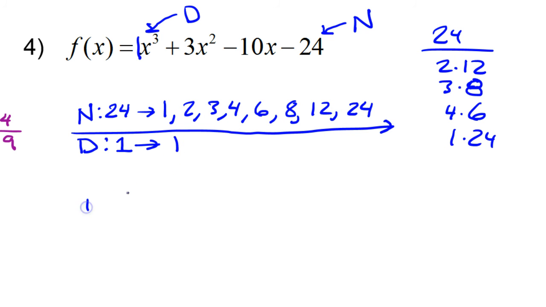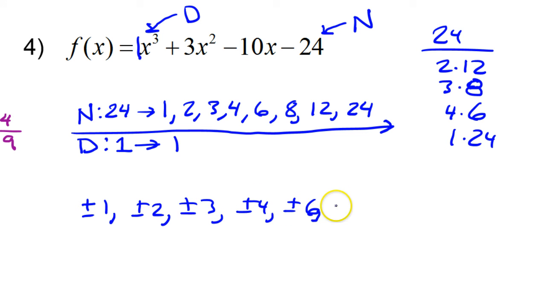That's just going to be the same list: plus or minus 1, plus or minus 2, plus or minus 3, 4, 6, 8, 12, and 24.